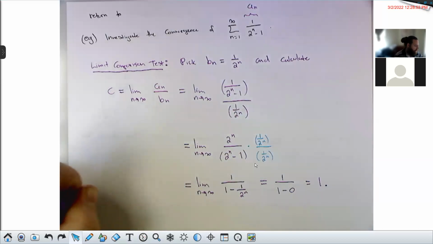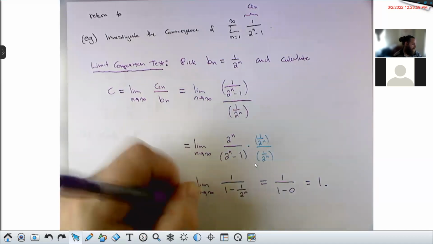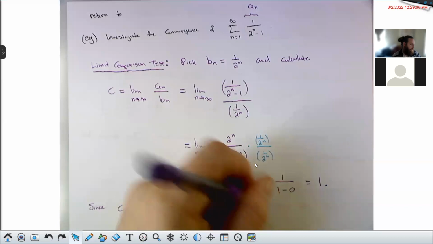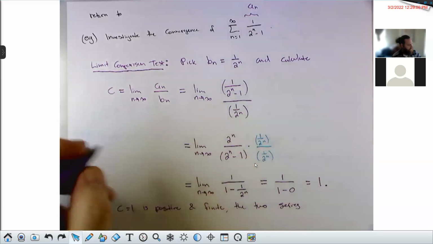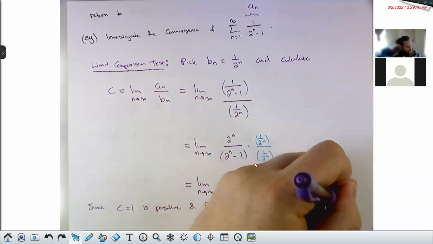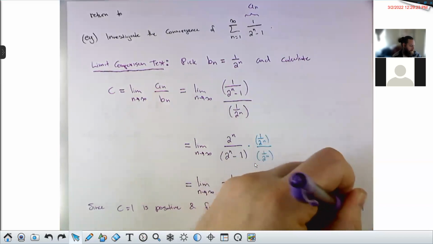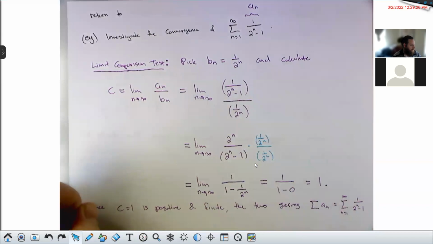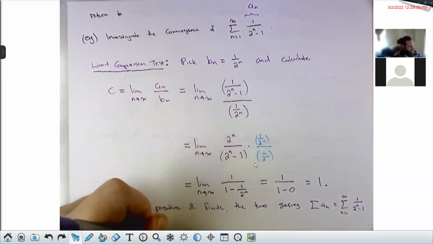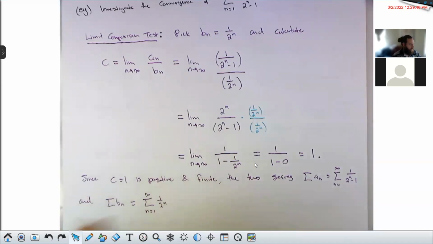So we say since C equals 1 is positive and finite, the two series sigma an, which is sigma 1 over 2 to the n minus 1, so from 1 to infinity, and sigma bn, which is sigma from 1 to infinity, 1 over 2 to the n, they do the same thing. They converge or diverge together.